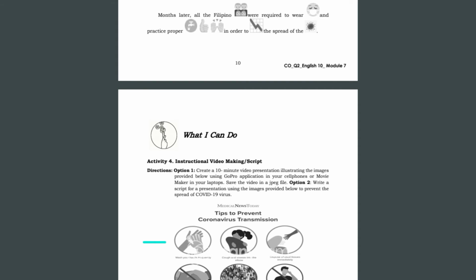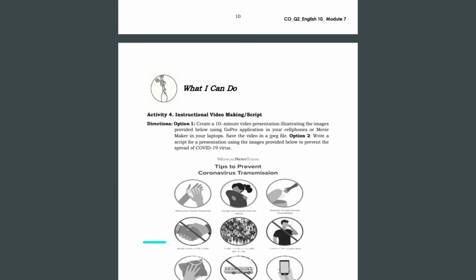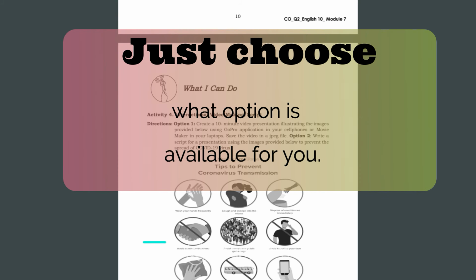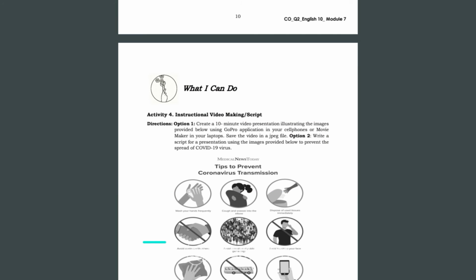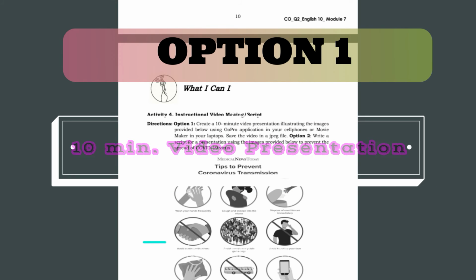And what I Can Do is an instructional video making or a script making activity. You do have an option, depending on the available resources that you have at home. Option 1, you can create a 10-minute video presentation with an illustration of the images provided below.